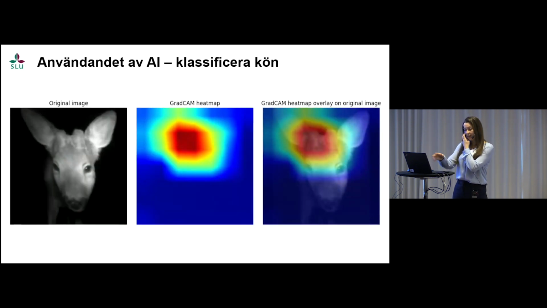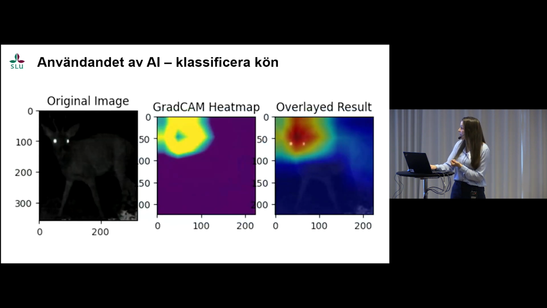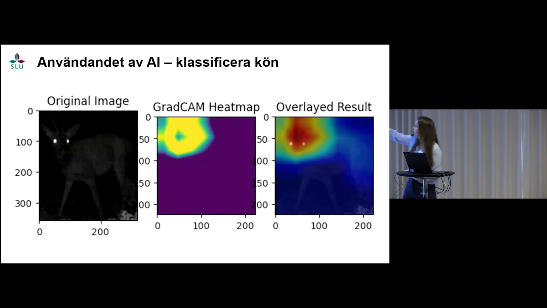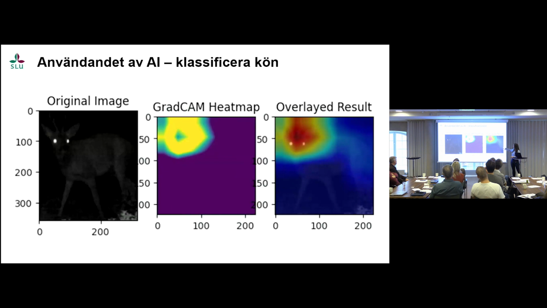Some other examples, I know it's not from moose, but I wanted to show you this. Here, even if the roe deer's antlers are in development, it focuses on the right part. Another example that I liked: it's clearly looking at the antlers, but also kind of following the muscles, I would say.